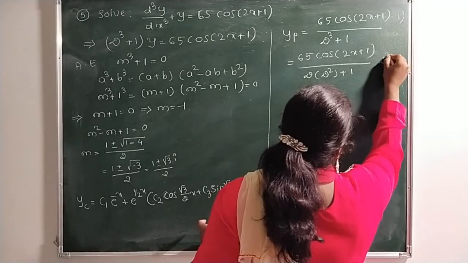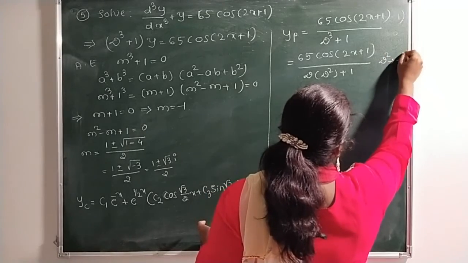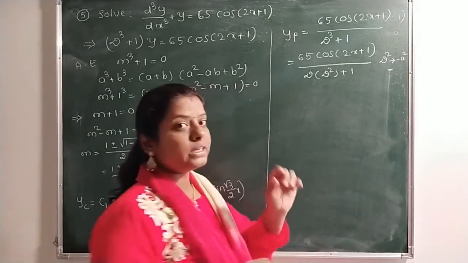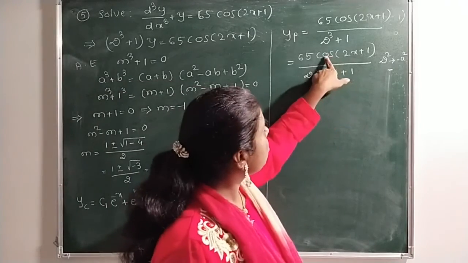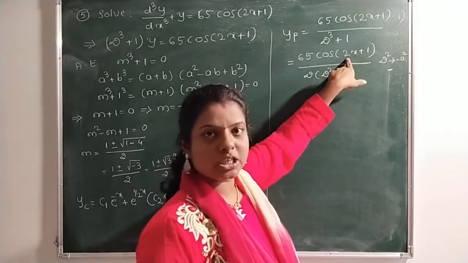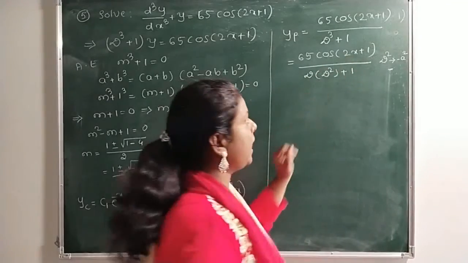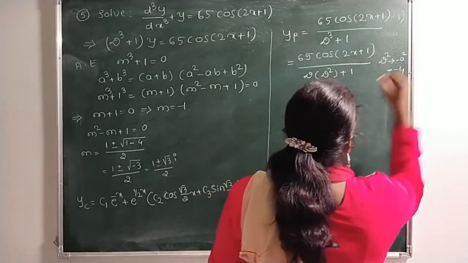D square you have to replace as minus a square. This a is nothing but the coefficient of x. In cos 2x, the x coefficient is 2, this we consider as a. So it becomes minus 4.